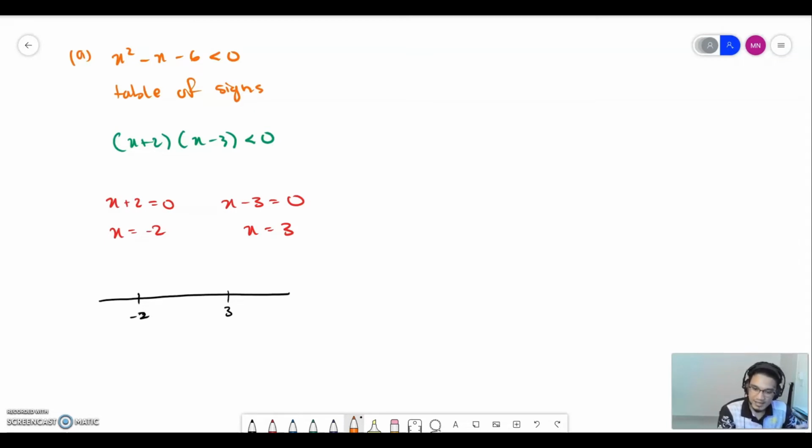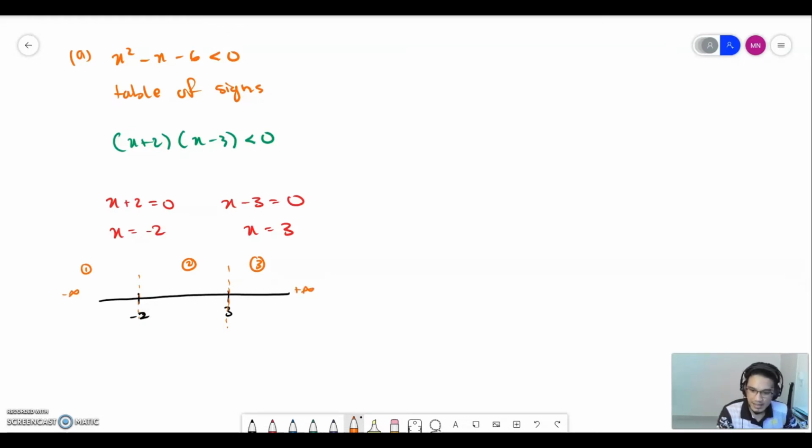So the line is now divided into 3 regions. The first region covers from -infinity until -2. The second region is from -2 until 3. Then the third region is from 3 until positive infinity.